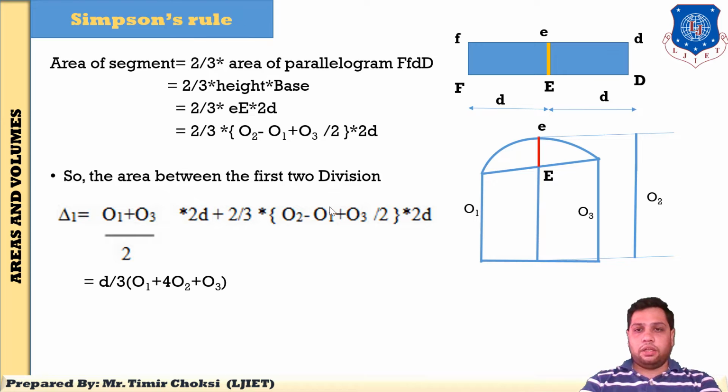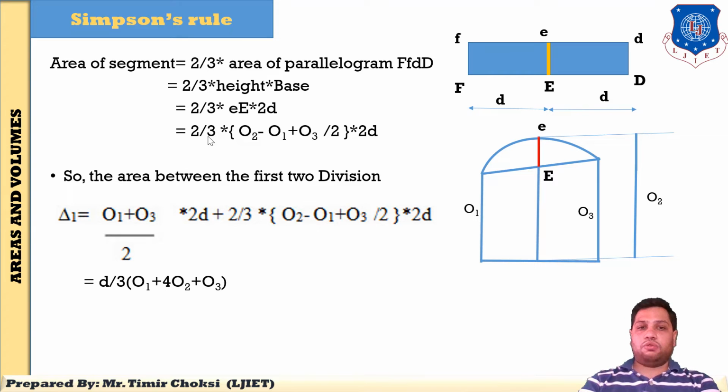So how to find it? You know this is our figure with ordinates O1 and O3, and the distance is O2 here. So you find the height between small e and capital E: O2 minus (O1 plus O3) divided by 2, because this is the average you have taken. First take the O2 value minus the average of O1 and O3, and the base is already 2d.